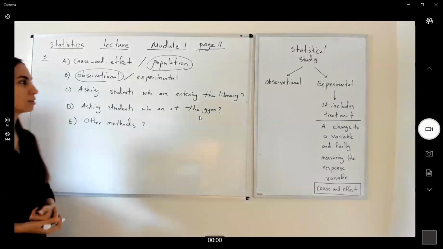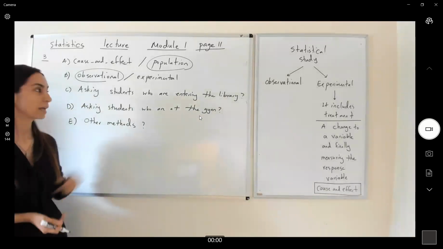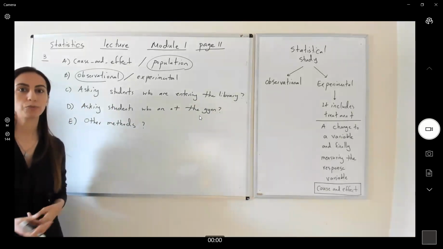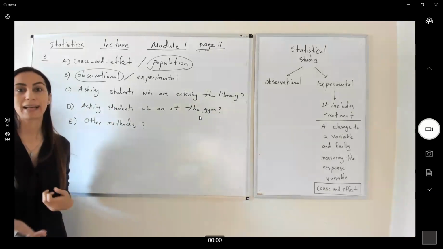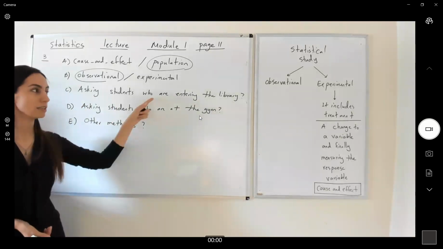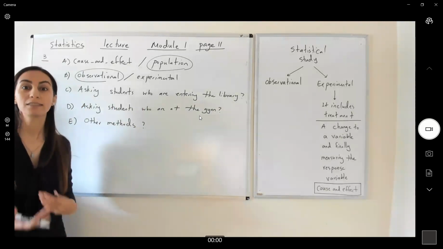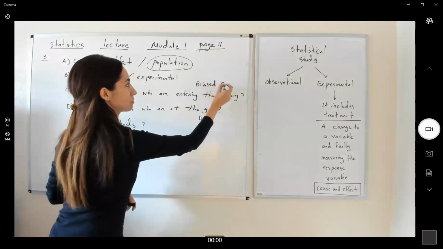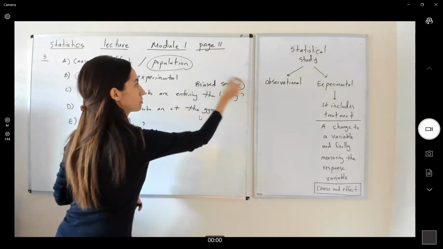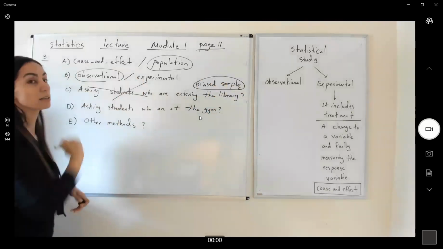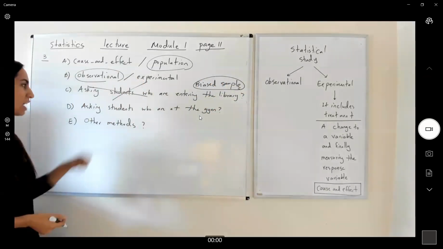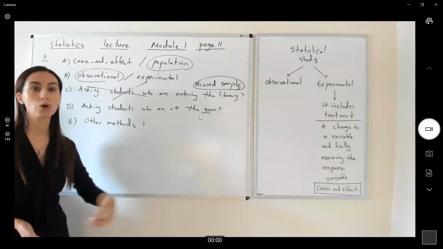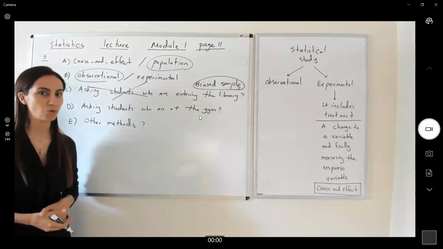So asking students who are entering the library, this is not a good method. Why is that? Of course, people who are going to the library will gladly pay the fee. So in this case, you get a biased sample. So this is not a good method. Asking students who are going to the gym, of course, it's convenient for me to go to a place like the gym and ask questions.